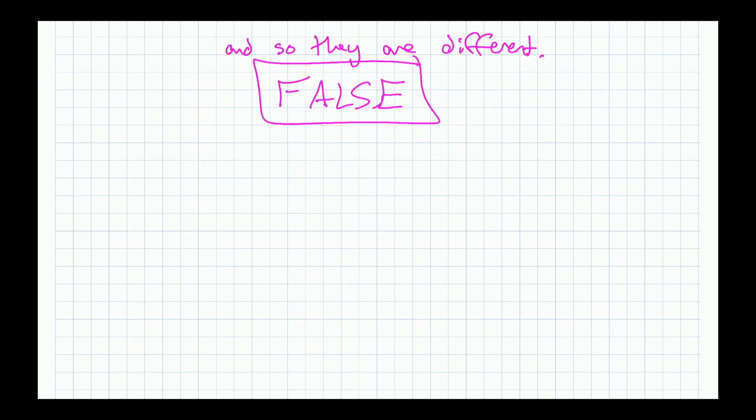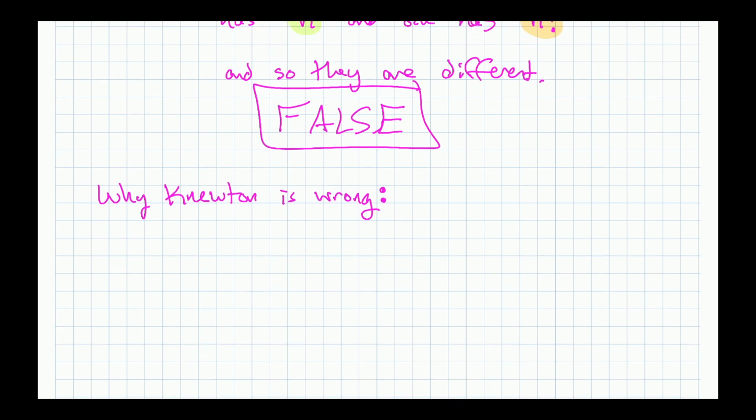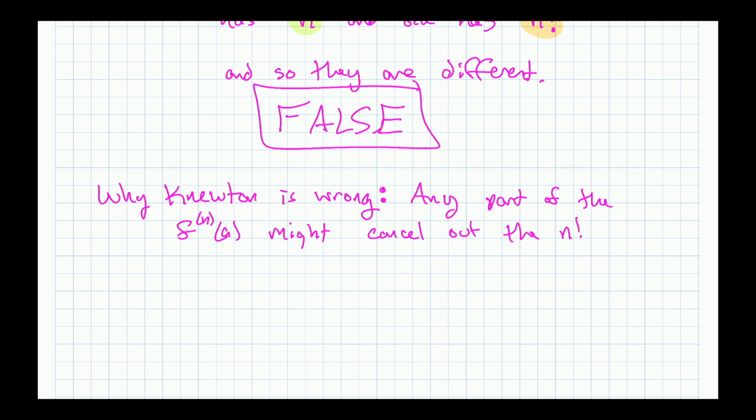Now, why is Newton wrong? Any part of the derivative, any part of the f^(n)(a), might cancel out the n factorial, and you would still have a Taylor series.